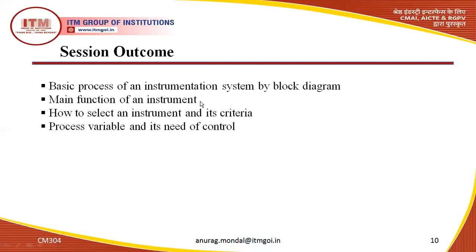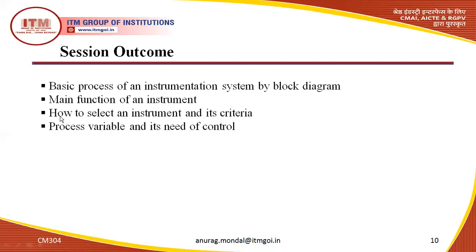An instrument has four functions. First, indication or detection, then recording, then signal processing, and at the end the function of controlling.